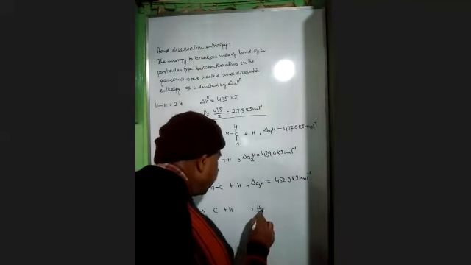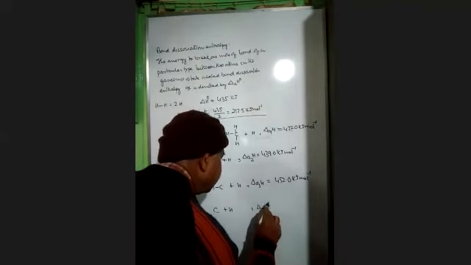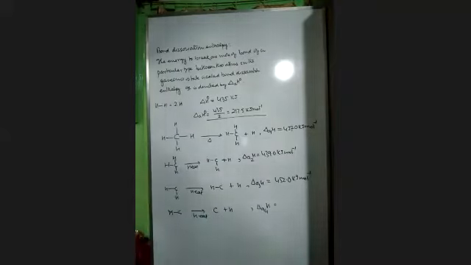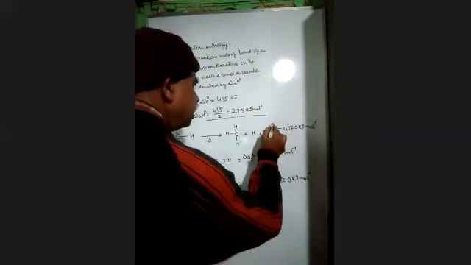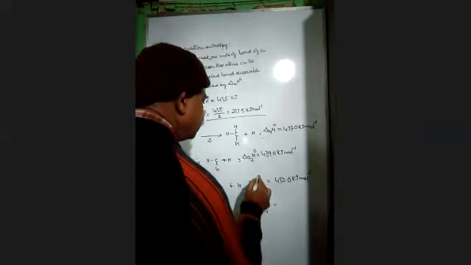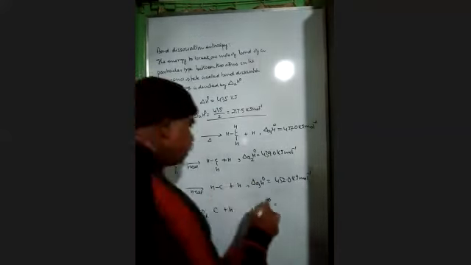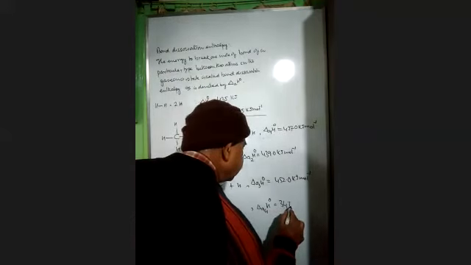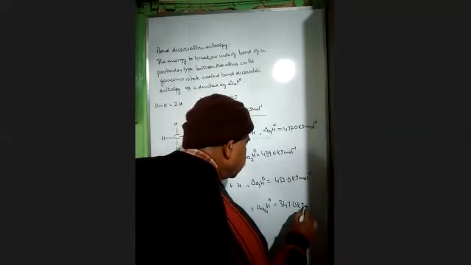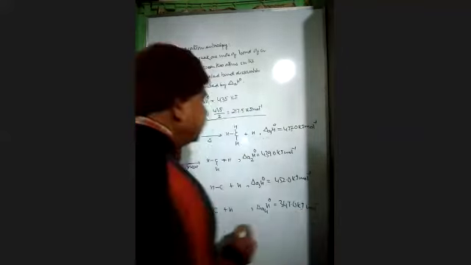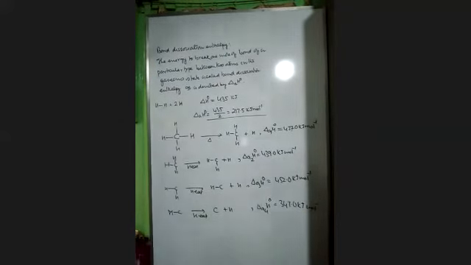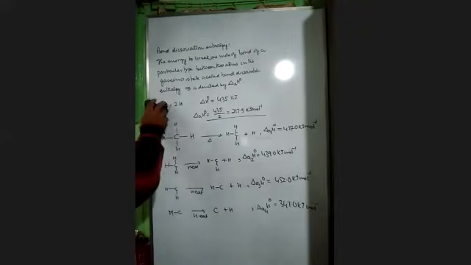So I'll write now here delta A4 H is equal to 347.0. So in that case, what you do? We add all of them. So here I'll write.